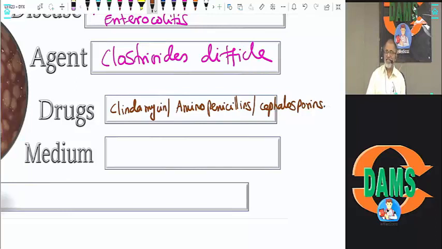What is the selective medium? I already told you, no. If you read all the slides, indirectly you read all selective mediums. The medium is called CCFA medium. What is CCFA? Cycloserine, cefoxitin, fructose agar.